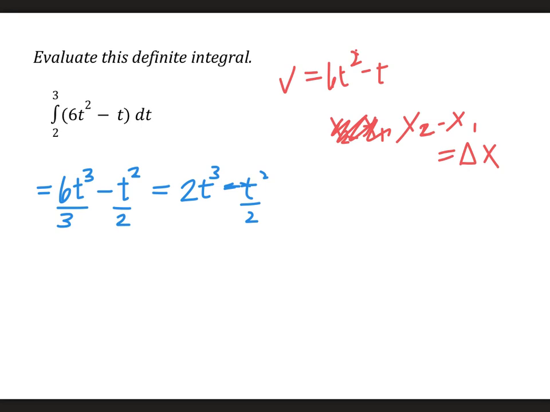Again, there would be a constant added to this, but you're going to see in a second why I don't really need to worry about that constant. I'm going to put it in green, but we're going to notice how when I do a definite integral, I don't really need to include it here.